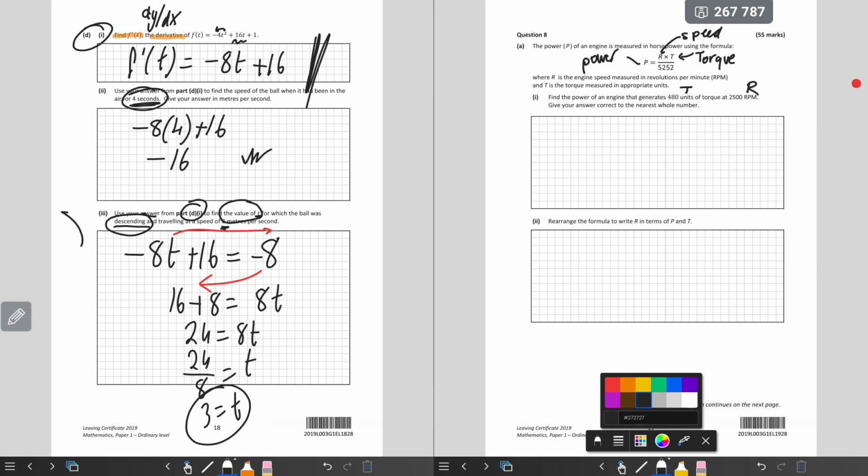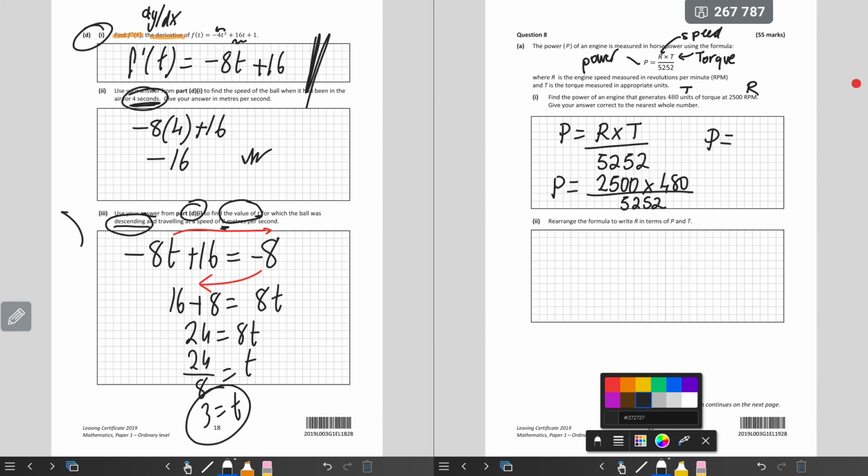What are you going to do in that? So, generally the first part is nice and easy. So you're filling it in to this formula, R times T over 5252. What am I filling in for my R? 2,500, good. My T is 480 over 5252.